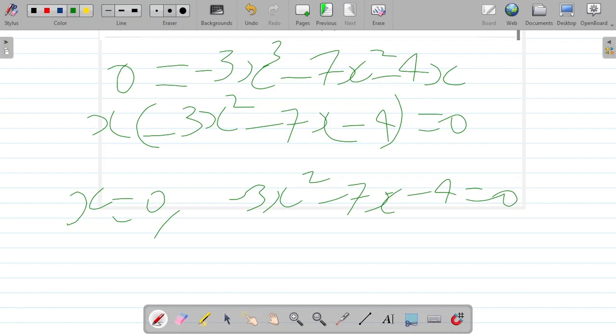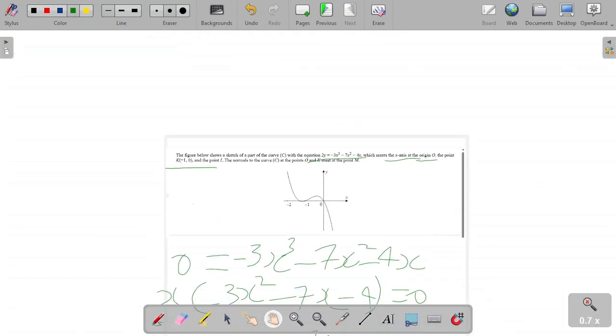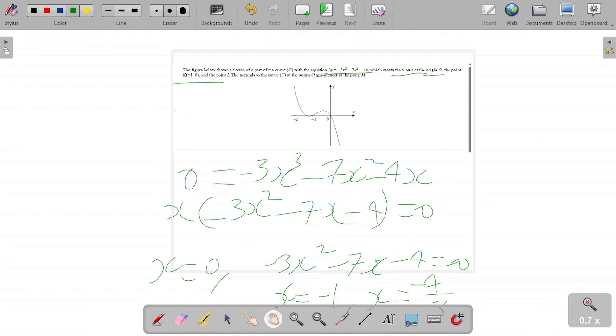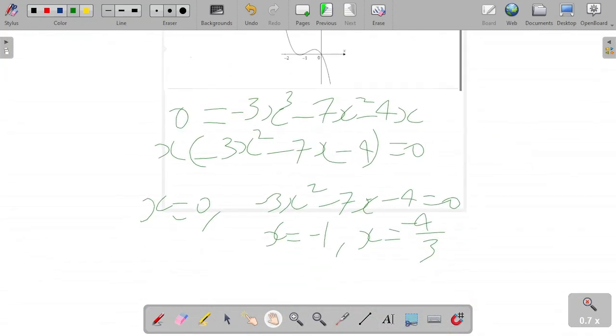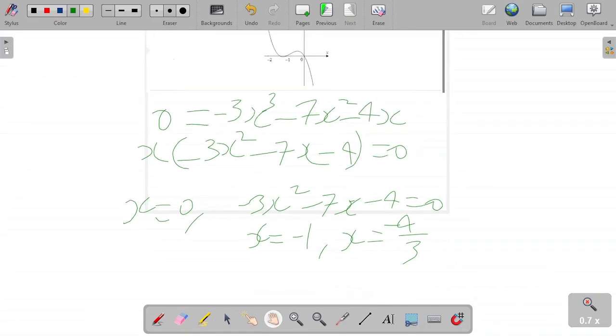If you use the calculator, you get x is negative 1 and x is negative 4 over 3. Now look, they said the origin, which means 0, and K is negative 1, so L is going to be negative 4 over 3, which is the one that's left. So that's the answer.